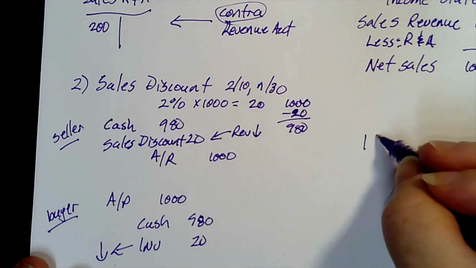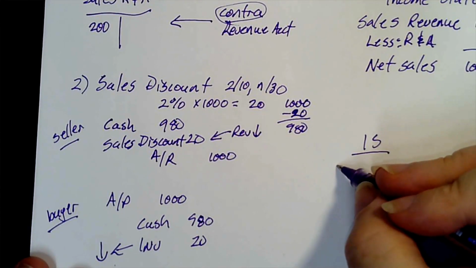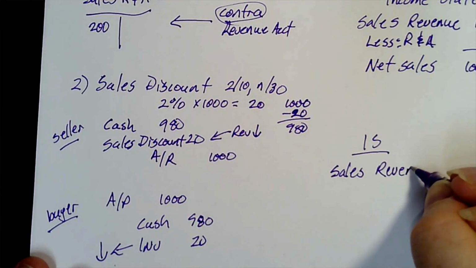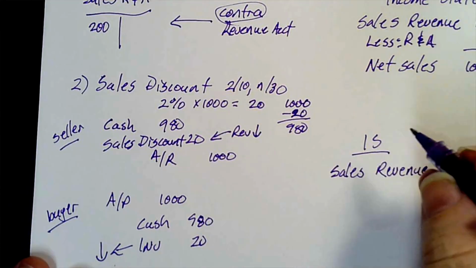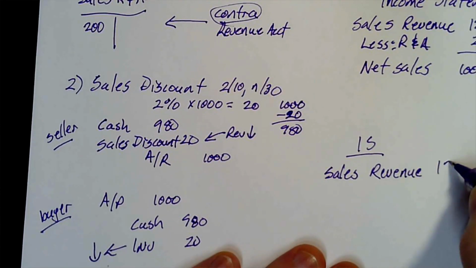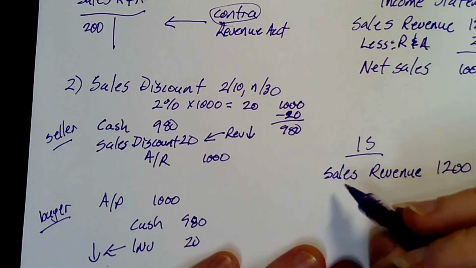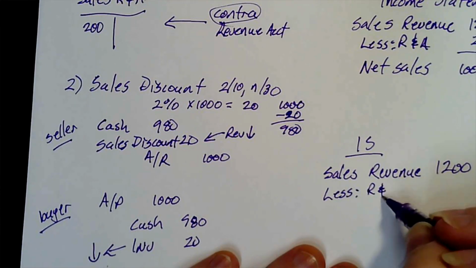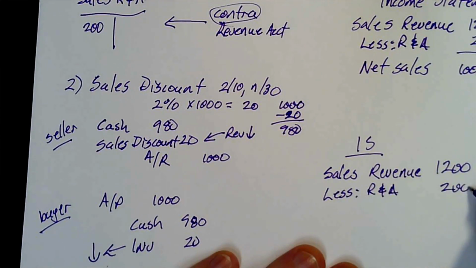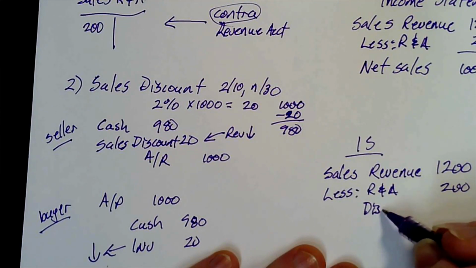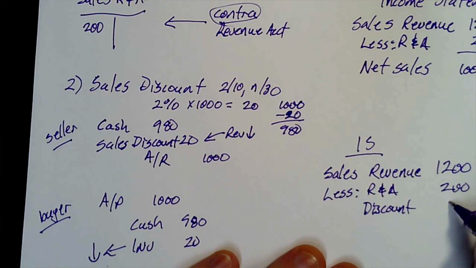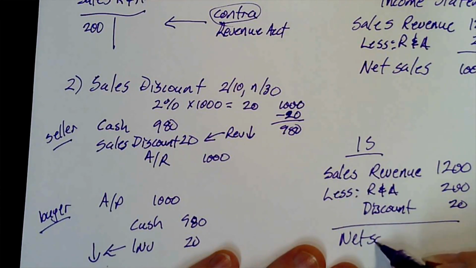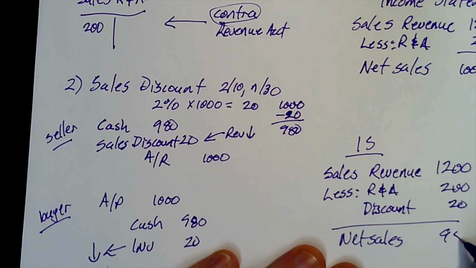So what does that end up being? Again, we have an income statement, and we have sales revenue. If we're taking all of these transactions together of 1,200, we have less two items, returns and allowances of $200, and less a discount of $20, and that would give us net sales at this point of $980.